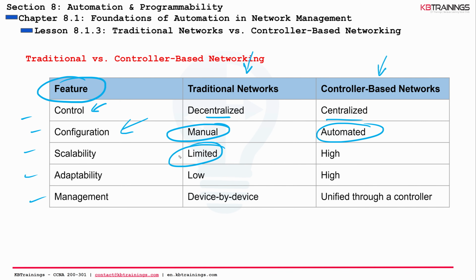Scalability is very limited in a traditional network and very high in a controller-based one. Adaptability is very low in a traditional network and high in a controller-based one, and management is done device by device in a traditional network, and it's all unified through a controller in a controller-based network.